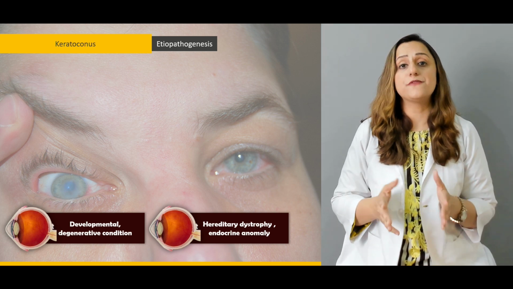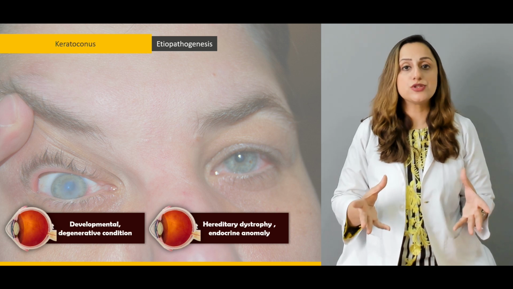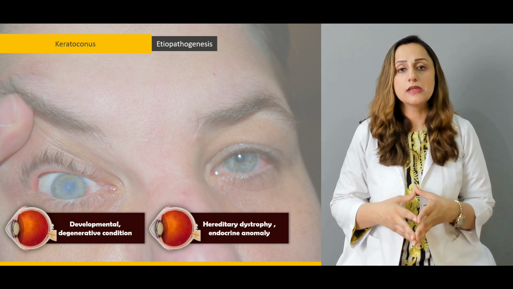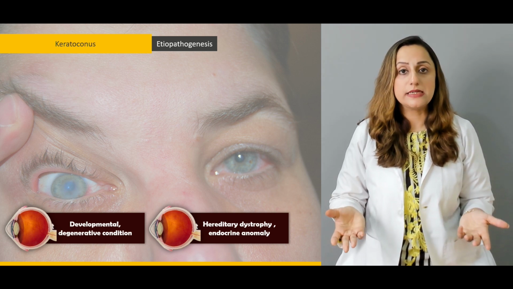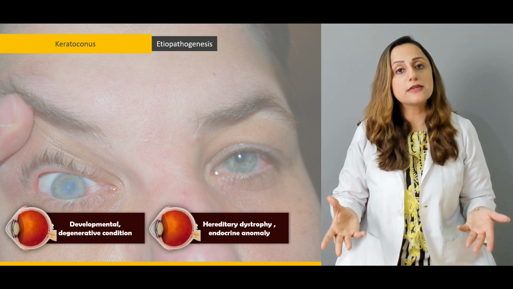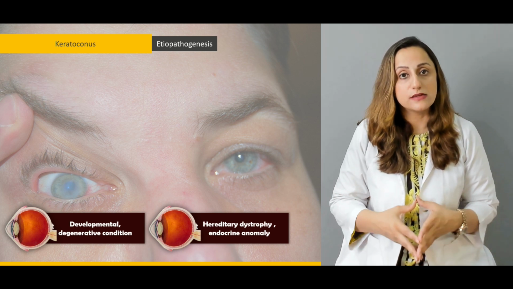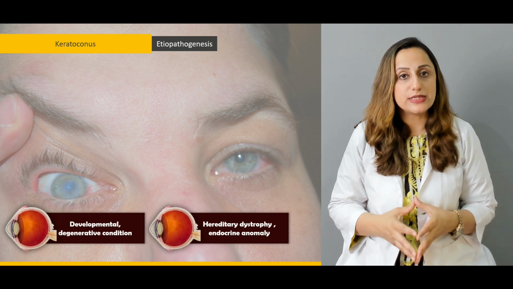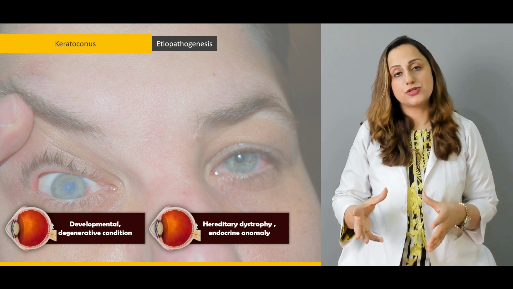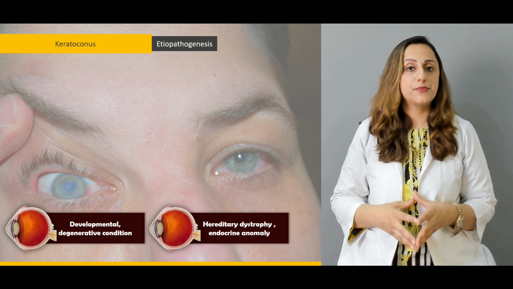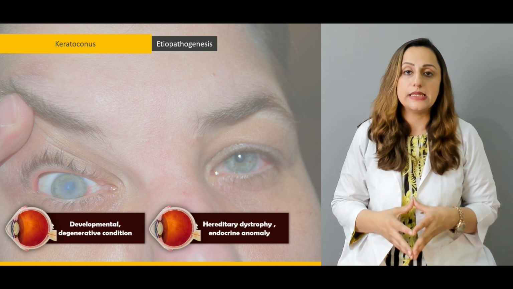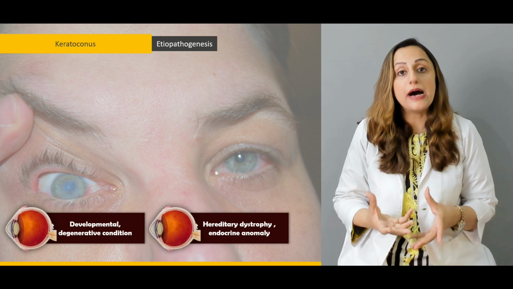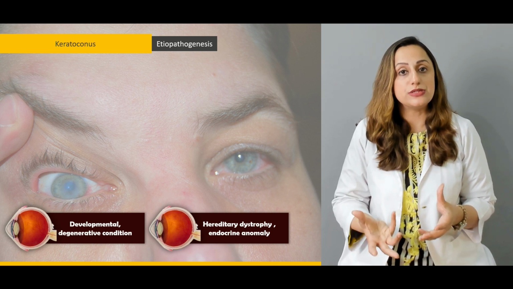One interesting fact over here is that even if the patients are not suffering from any sort of developmental or hereditary abnormality, or you have taken a detailed history and you got to know that the patient has not been suffering from any sort of degenerative disease either, then you can basically look for any signs of LASIK surgeries. LASIK surgery complications usually present as keratoconus in the clinics. So it's a very important factor in the history. You have to rule out any recent ocular surgeries.